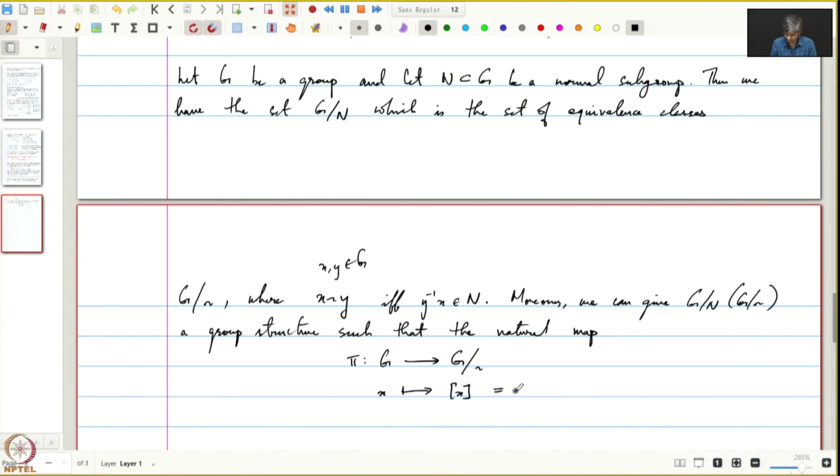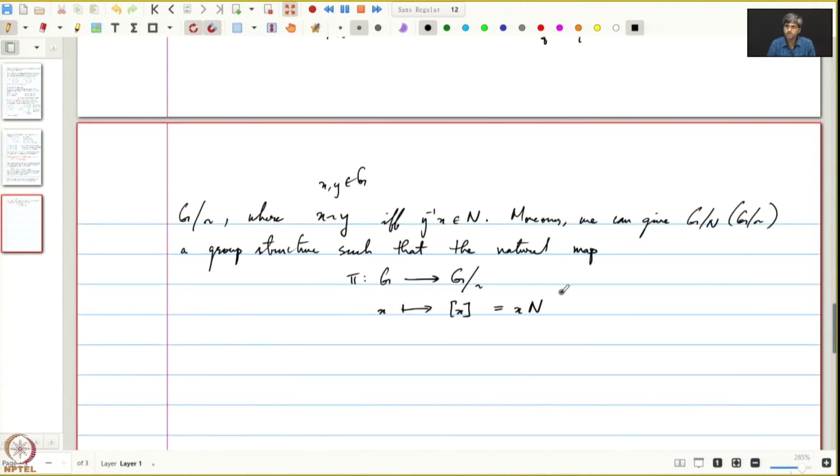In this case, the equivalence class is the coset of N. So we can give G mod N a group structure such that this natural map becomes a group homomorphism.